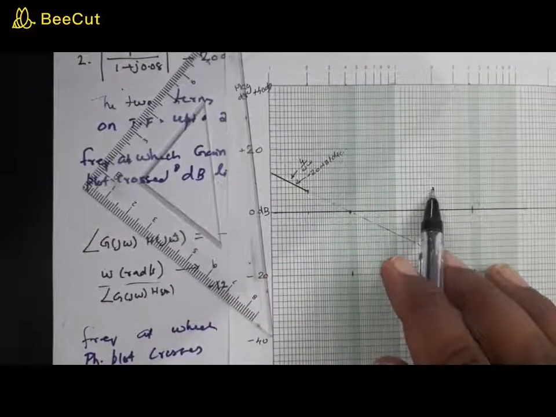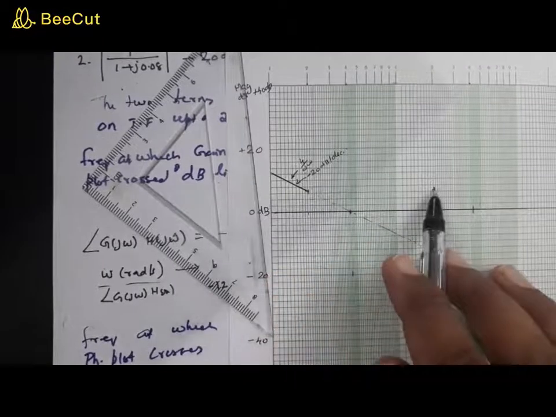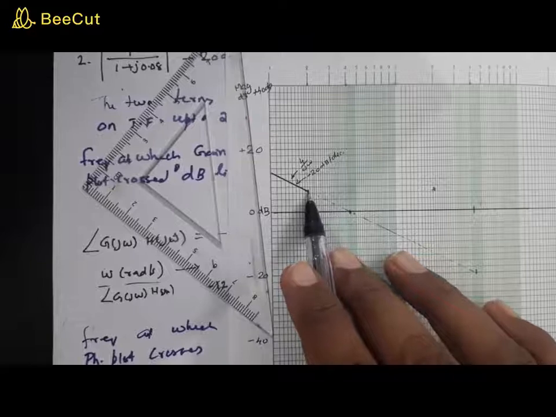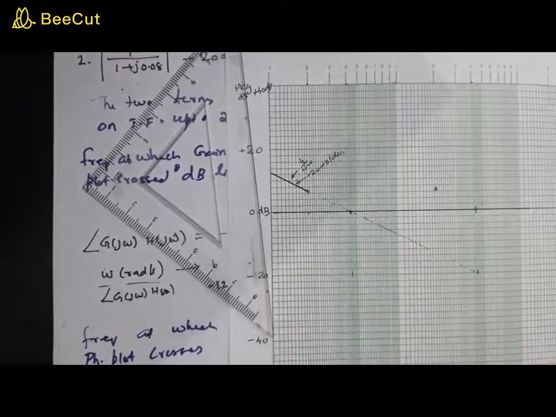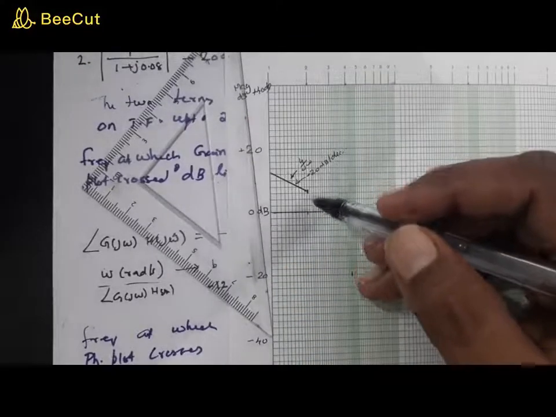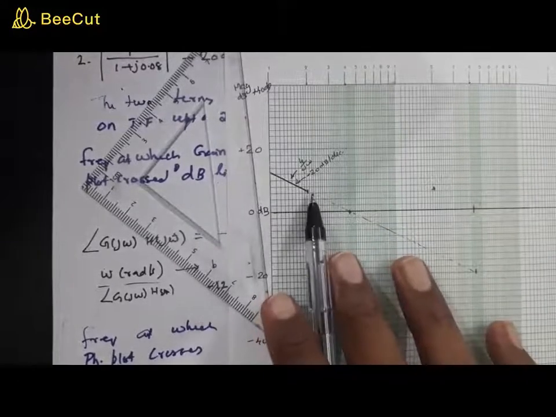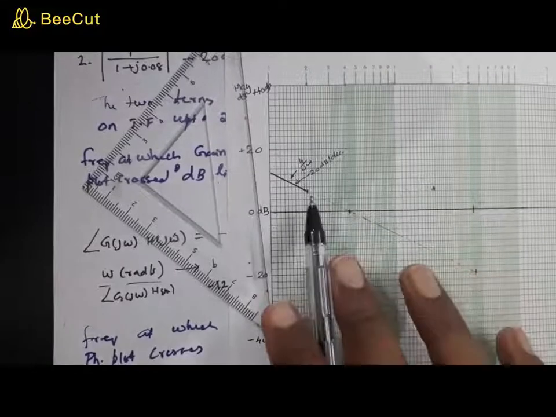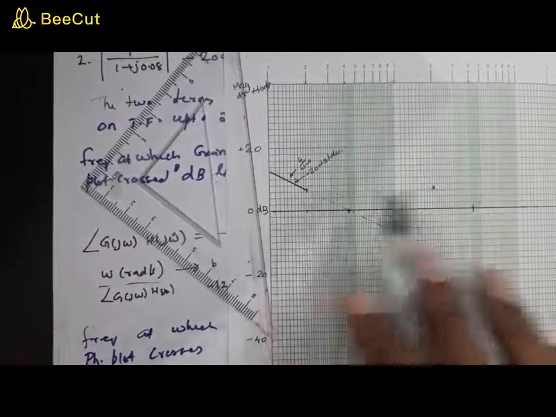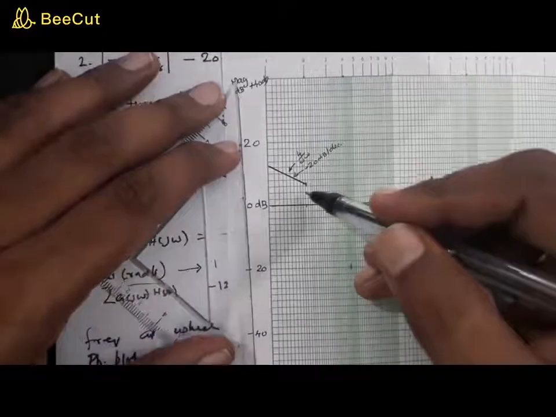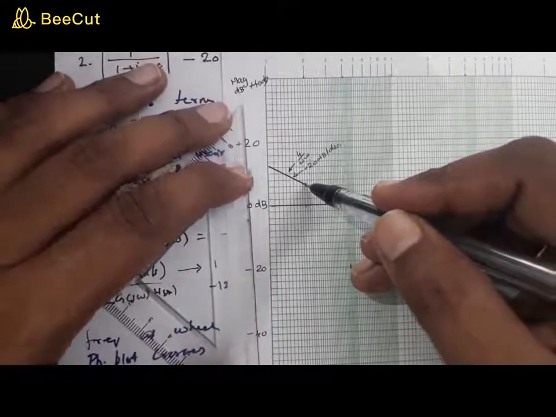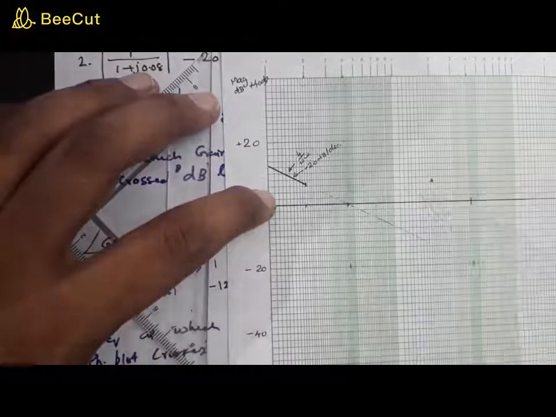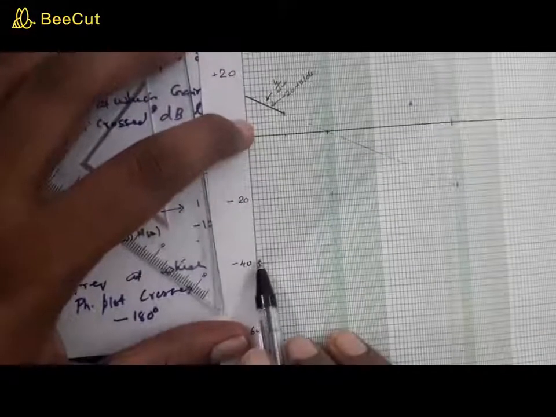Now as the frequency moves in this way, you can find out the 40 dB. As the magnitude travels from this point to this point, it has covered a decade, and when it has covered a decade, it has to move 40 decibel. Now corresponding to the 0 dB, what is the 40 decibel? This is the 40 decibel, right?